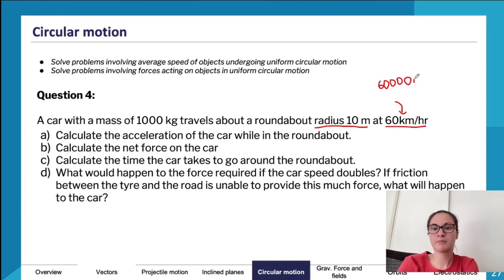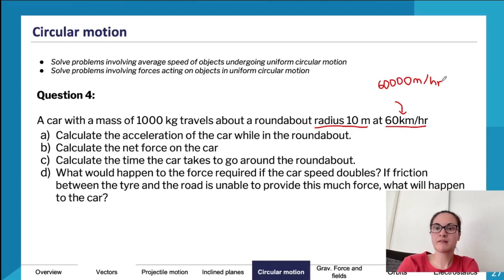So now we're in meters per hour, but we need meters per second. There are 60 minutes in an hour, and there are 60 seconds in a minute.